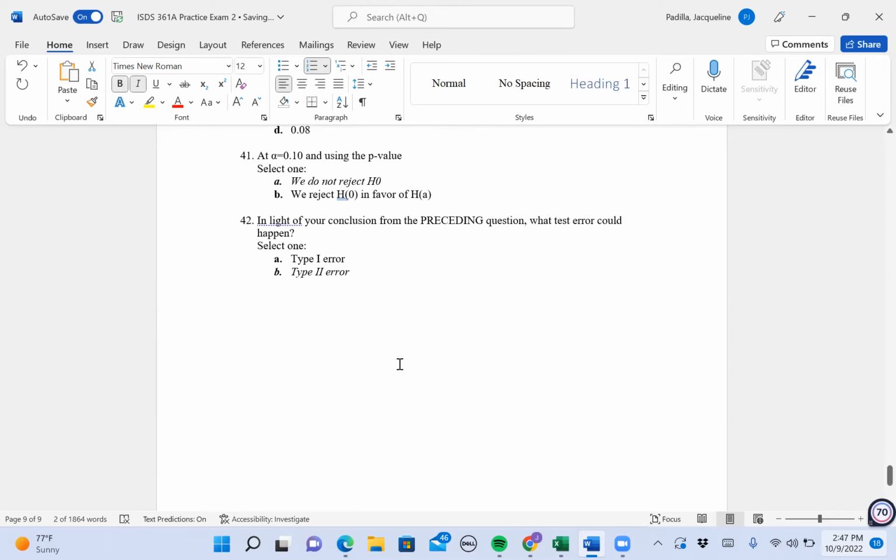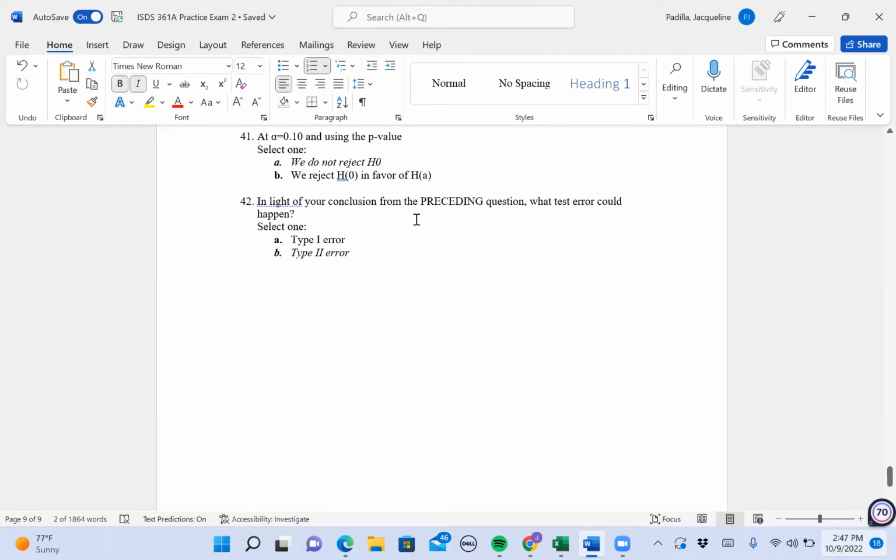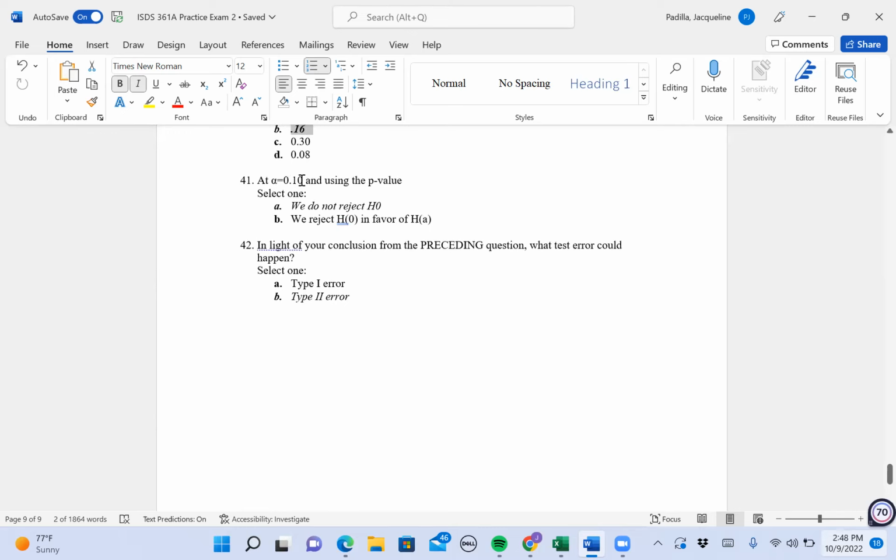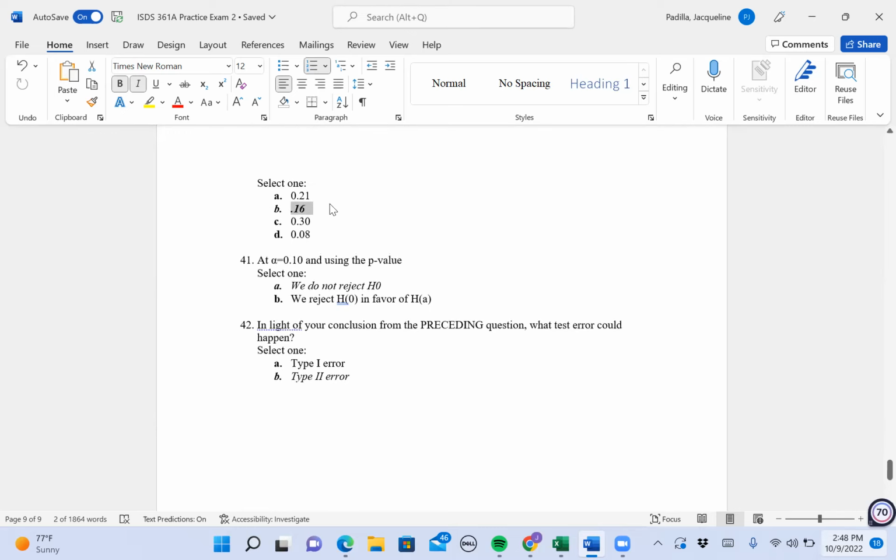So moving on to 41, here it says at this value 0.10 and using the p-value. So here, in order to find whether or not we reject it or we do not reject it, we would have to see that the rule is that we do not reject the null hypothesis if p is greater than this value that was given. So since the p-value, as we saw, was 0.16, so I can just put that here.